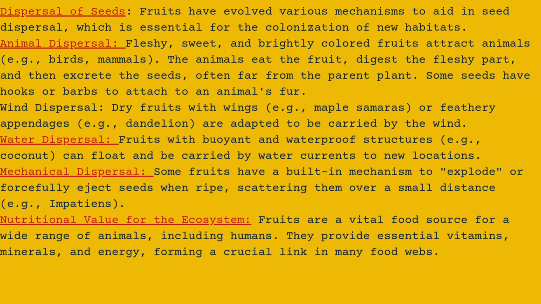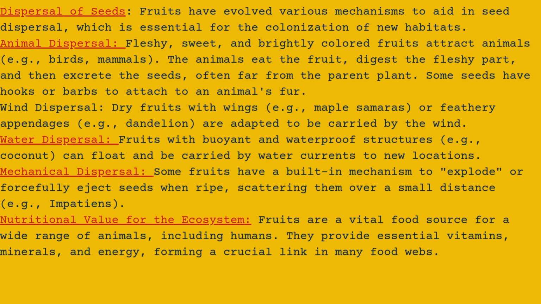Fruits with buoyant and waterproof structures can float and be carried by water currents to new locations. Now the next is mechanical dispersal. Some fruits have built-in mechanisms to explode or forcefully eject seeds when ripened, scattering them over a small distance.